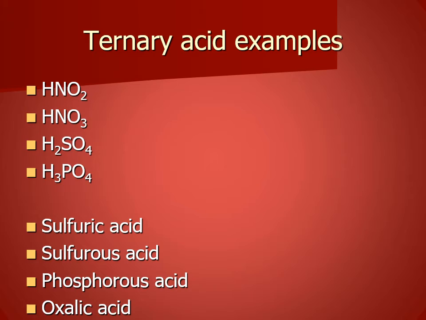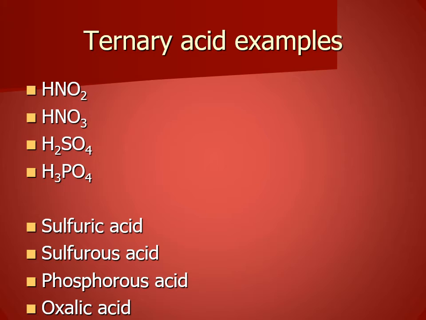Here we have HNO2, and then we have HNO3. Now, if you have them memorized or if you look them up quickly, NO2 is nitrite, I-T-E. NO3 is nitrate, A-T-E. SO4 is sulfate, PO4 is phosphate.